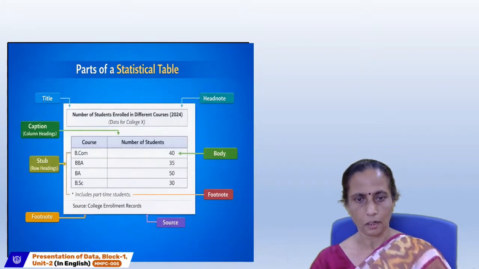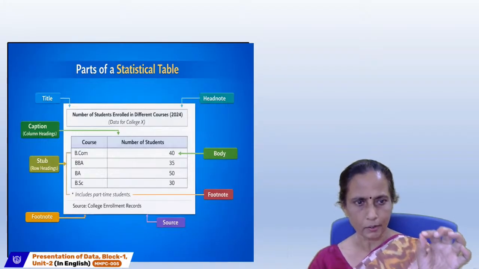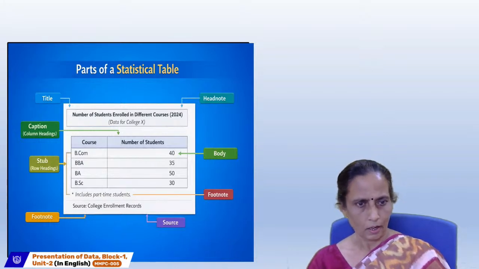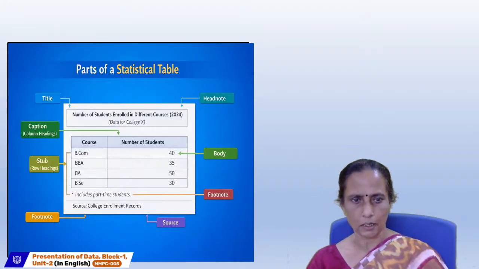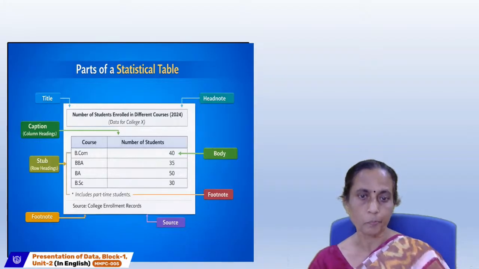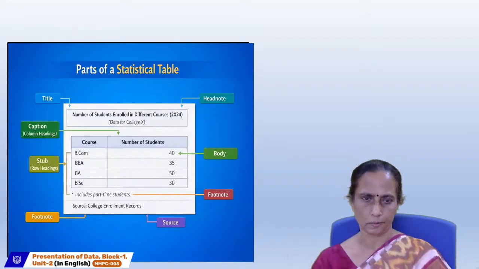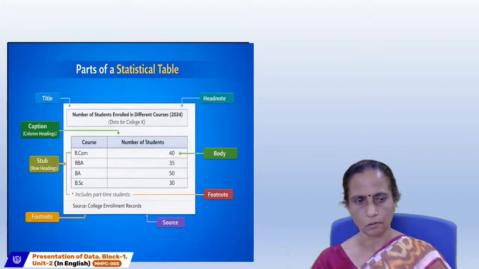Below the table, we should not forget to present a footnote if we are marking anything with an asterisk. Suppose against BCom 40 I put an asterisk mark; then I should specify below the table what that asterisk means, say that it includes all categories of students, maybe full time, part time, general, and so on.